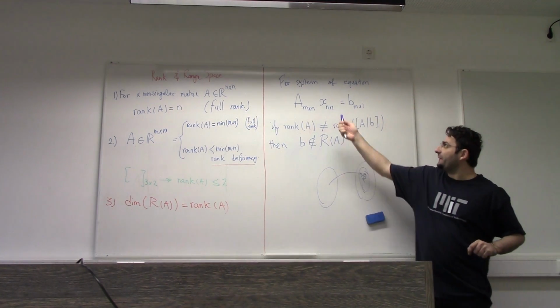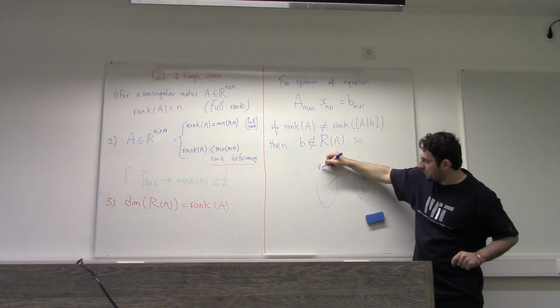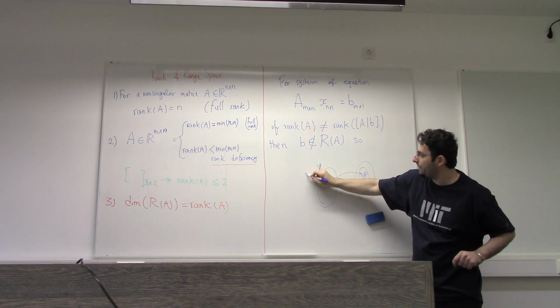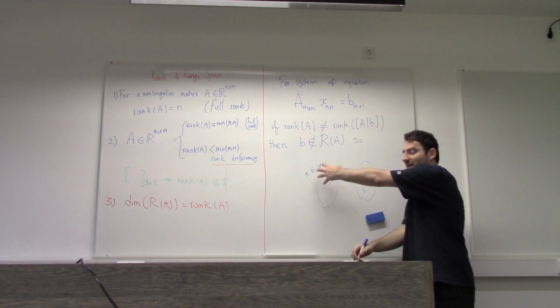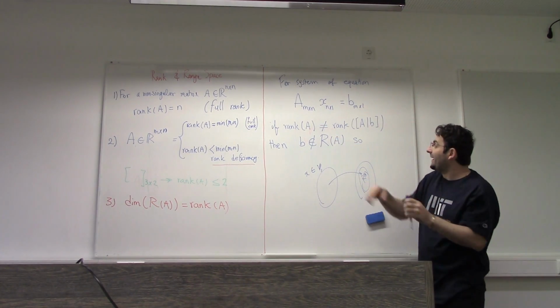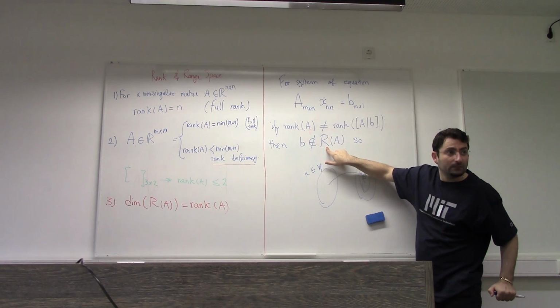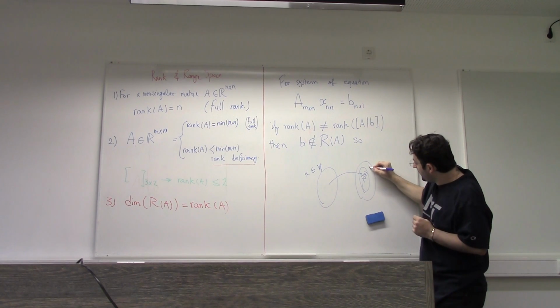Now, if we have X, the X belongs to V1. So any X belonging to V1, with the A we go to RA. If B is not in RA, it means that B is here.